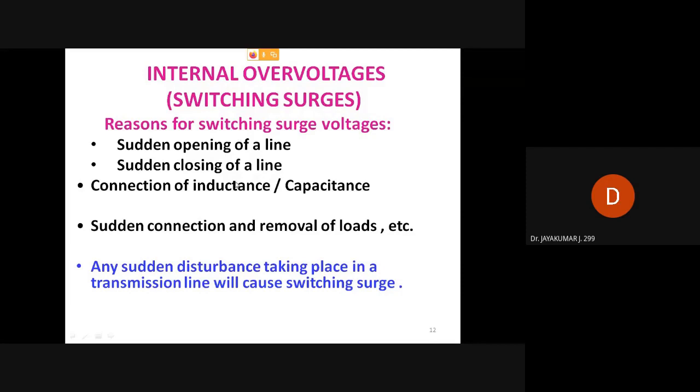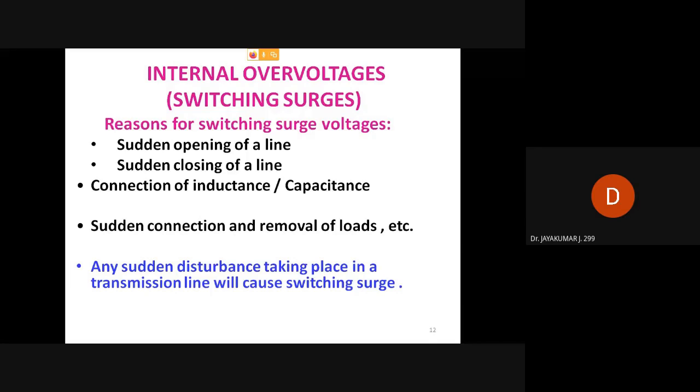Then second thing, connection of inductance and capacitance. I already said, sometimes unused reactive power will flow from sending end to receiving end. Further, we are supposed to put some capacitor, LC filter in the middle of the transmission line. If I am adding or removing such L or such C, it will produce voltage surge.